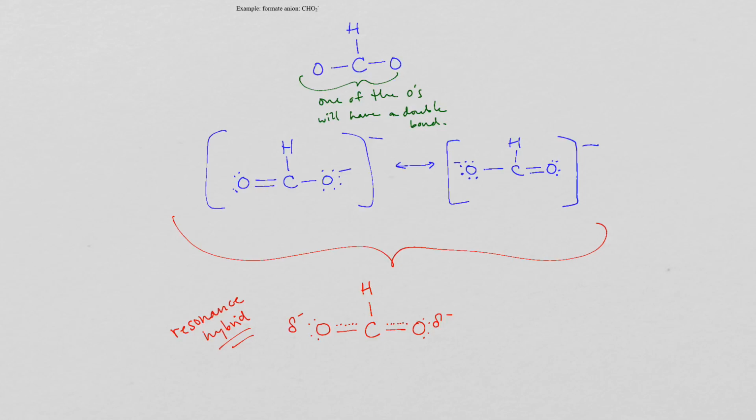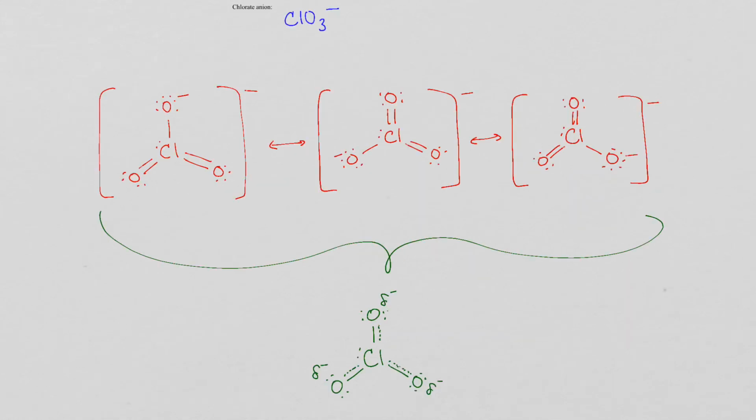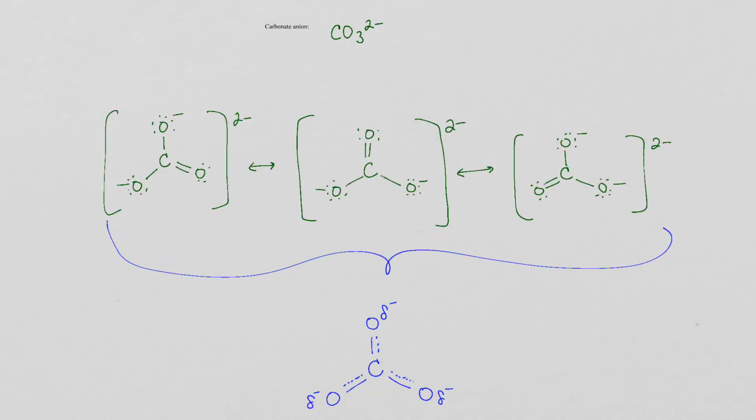A big way you can identify when resonance is present is that there's no specific reason why one of these heteroatoms has to have a specific type of bond, other than another atom of the same type. We've done examples with oxygen because it's very electronegative, it's very easy to predict, and for all intents and purposes, it's what you'll run into in General Chemistry 1.